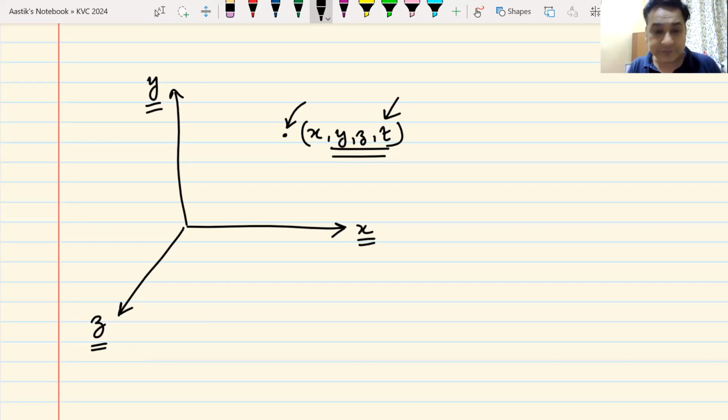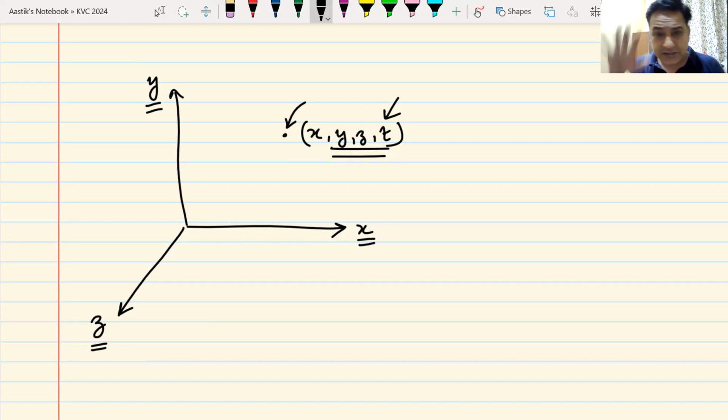Yes or no? And those fundamental names which I have given to these fundamental quantities become the dimensions of these fundamental quantities. Do we understand this? Yes or no?